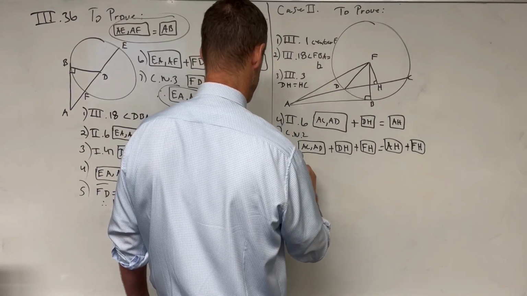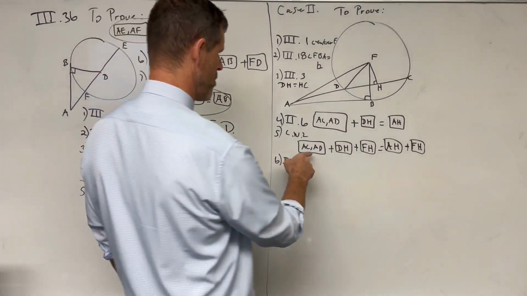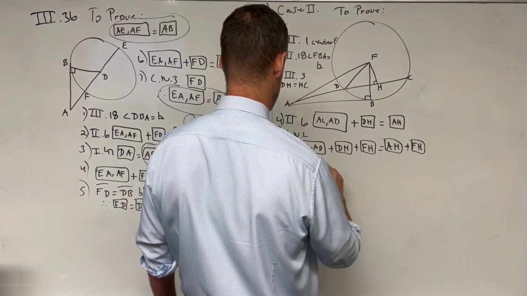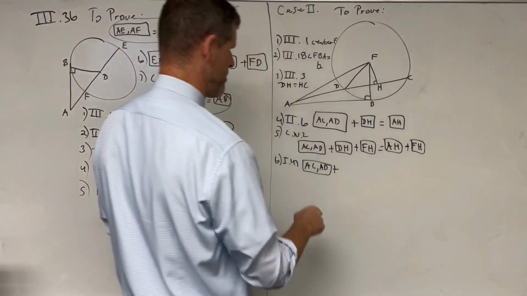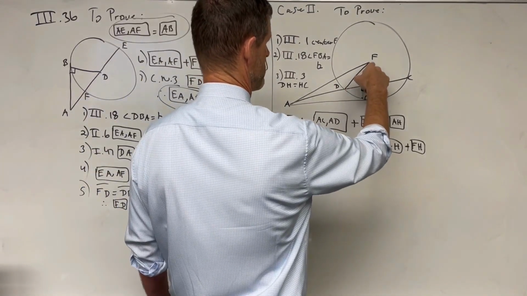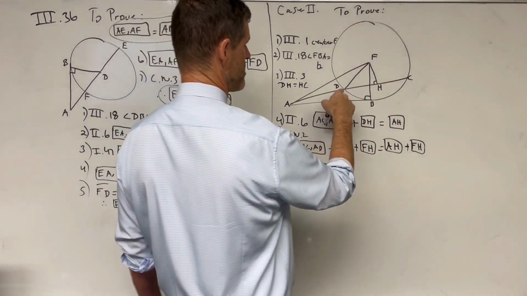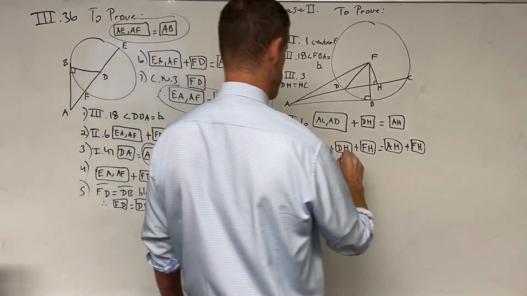And we're going to apply proposition 47 of book 1 now, and I'll bring this rectangle down right here. So we've got AC, AD, but via proposition 47, we can see that our triangle FHD is a right triangle, so the square on DH plus the square on HF are equal to the square on FD.